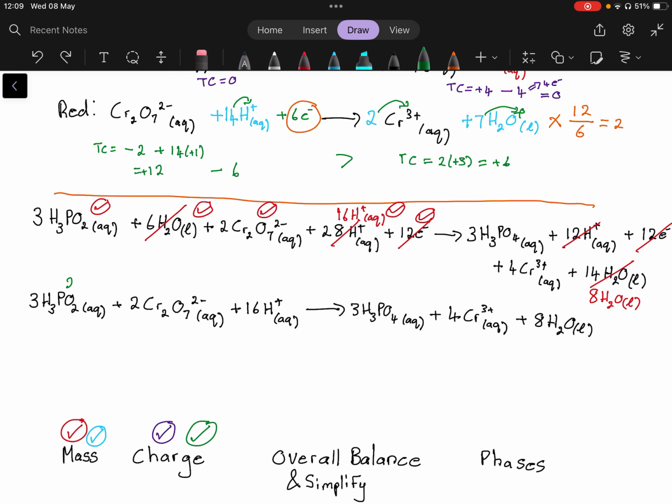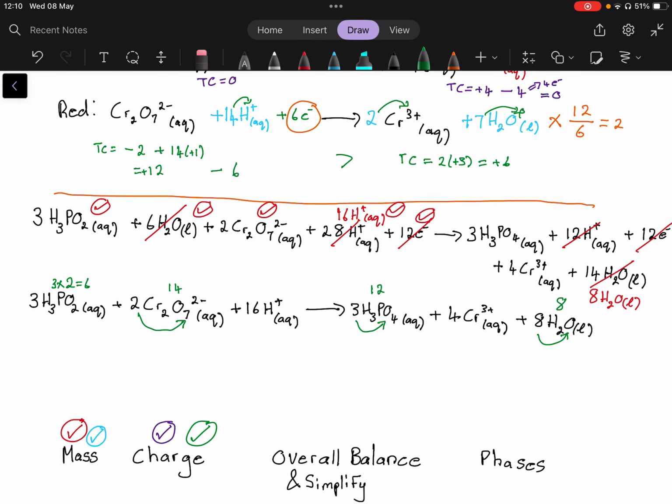Oxygen, we have 2 oxygen here. We have 2 times 7, so 14 oxygen here. On this side, we have 3 times 4, so it's 12. And we have 8 times 1, so we have 8 oxygen here. Oh, sorry, not 2, that's 3 times 2 here.